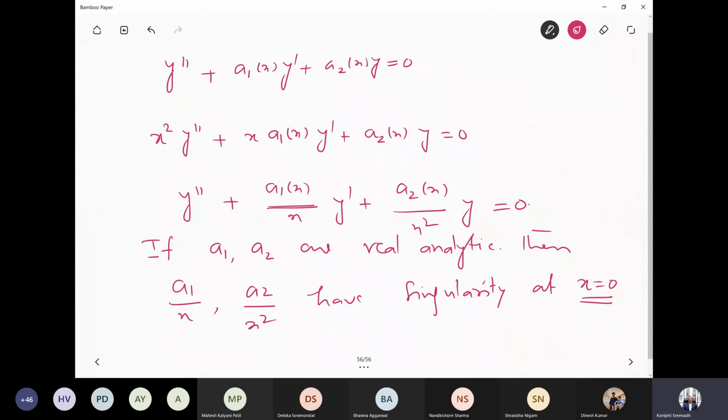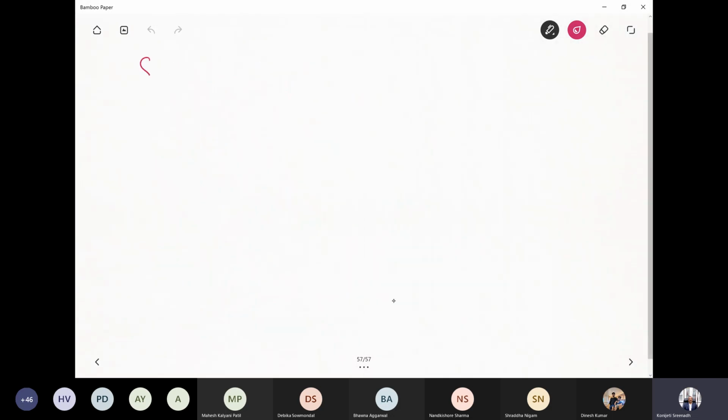Therefore, you expect the solution also to have a singularity. So we expect the solution also to have a singularity.